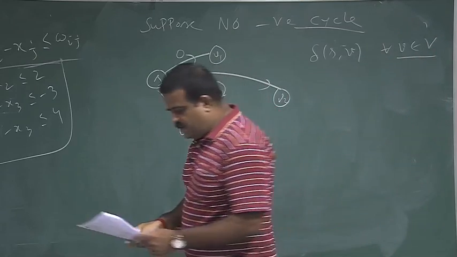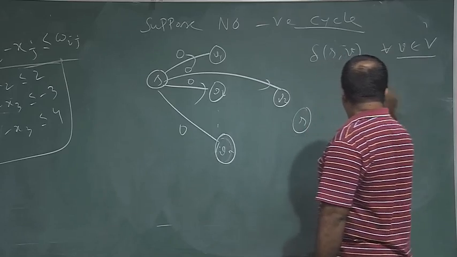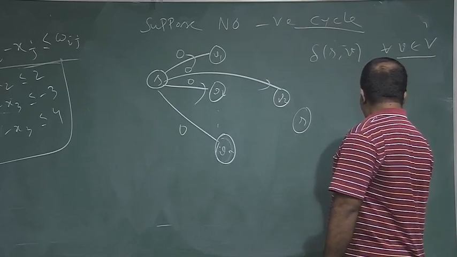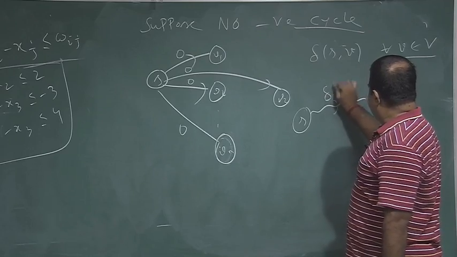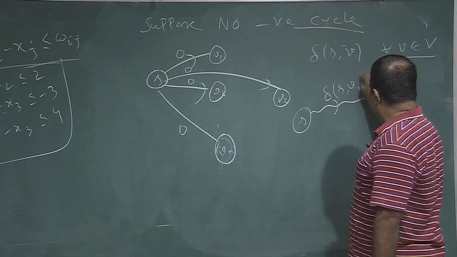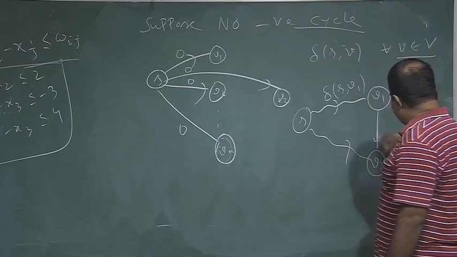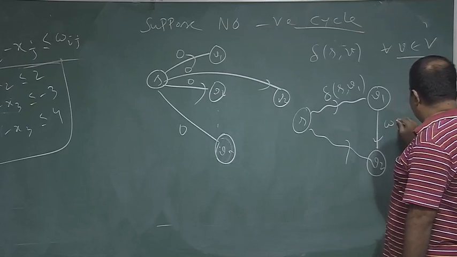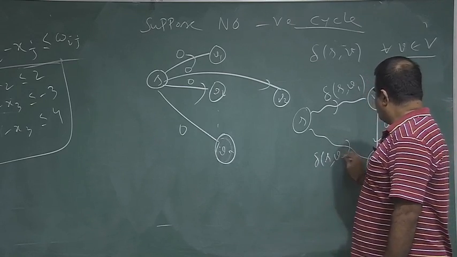Okay. Now we take two vertices, V i and V j. This is delta of S comma V i, and suppose there is a direct edge with weight w i j, and this is delta of S comma V j.